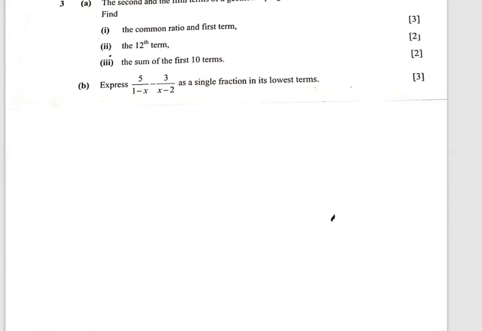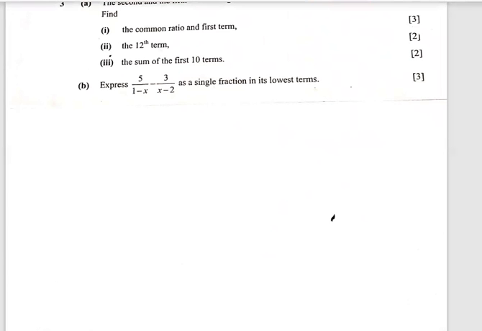the second and the 5th term of a geometric progression are 16 and 2 respectively. Okay, so the second term of a GP, what is the second term of a GP?